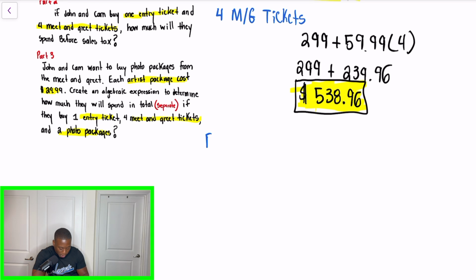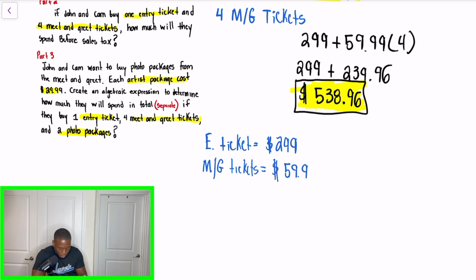So we know the entry ticket, right? That is going to be the $299. And we also know that the meet and greet tickets are going to be $59.99. And I'm just rewriting this, guys, just so we don't forget.